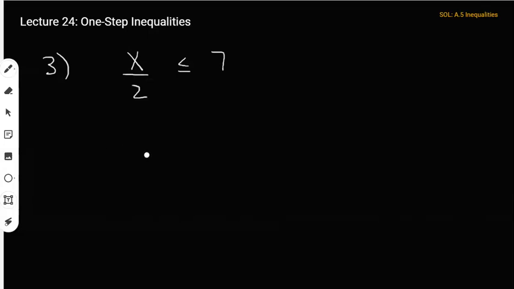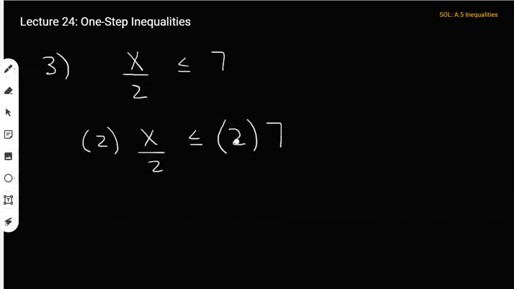I can do that by multiplying both sides by 2. So I multiply the left side by 2, and I also multiply the right side by 2.